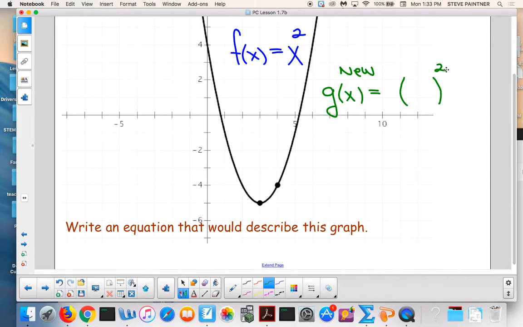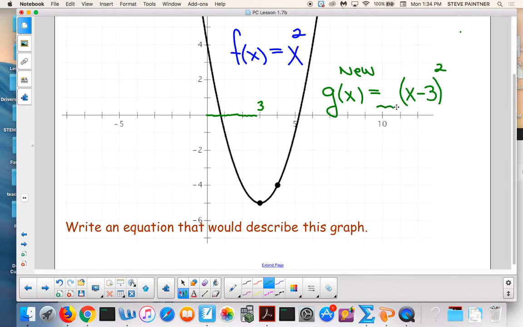Did your parent go right or left? Right, how far? 3. 1, 2, 3. So if it's 1, 2, 3 to the right, go what? X minus 3.